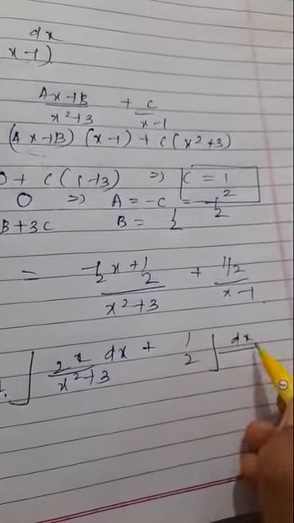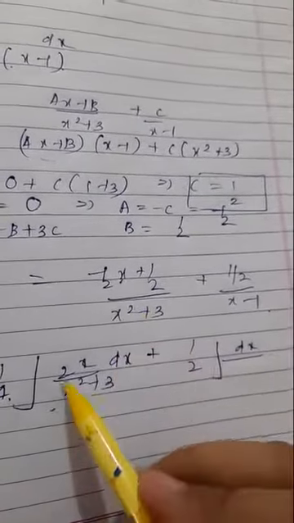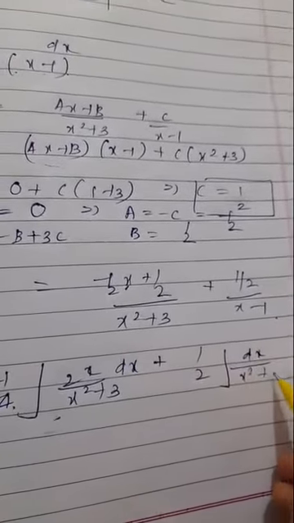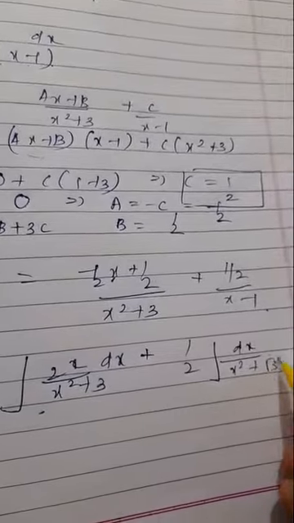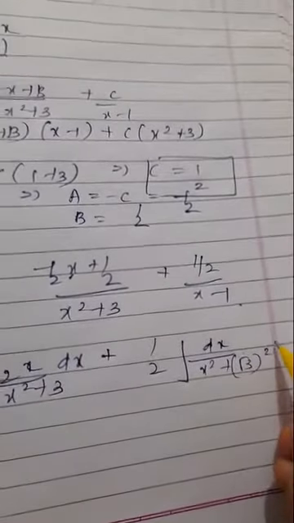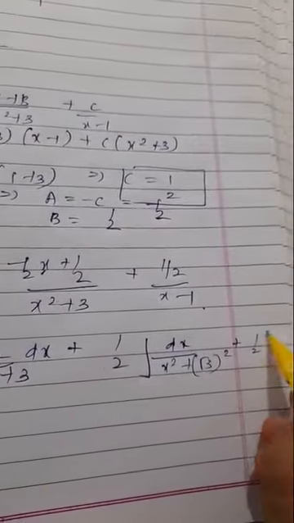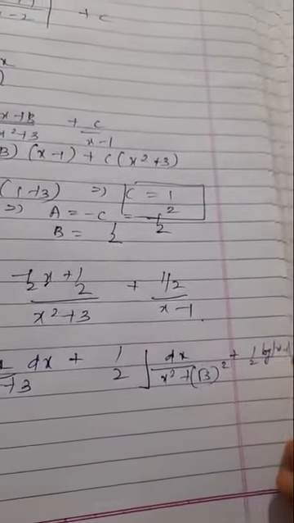dx upon, here we are splitting the term, this is x term plus 1 by 2 upon x square plus 3, we can write it as root 3 the whole square, plus 1 by 2 log mod x minus 1 plus c. So now these two integrations are left.